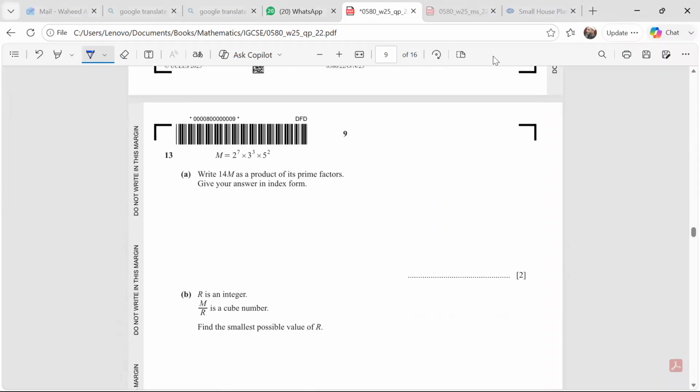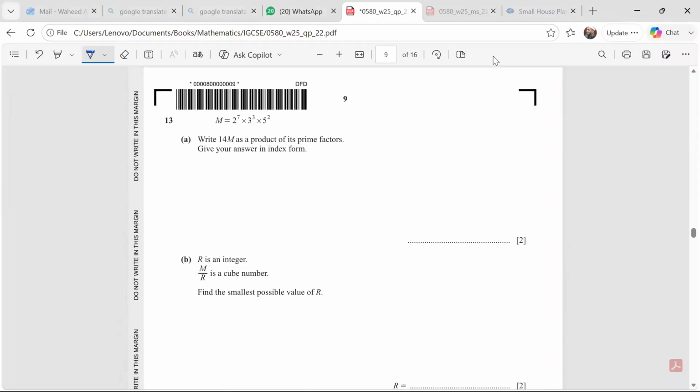Okay, so n is given by this number. Now write 14n as a product of prime factors. So what would be 14n? It will be 14 times n, which is 2 to the power 7, into 3 to the power 3, into 5 to the power 2. Now remember, if I break 14 into prime factors, it will be 2 and 7.